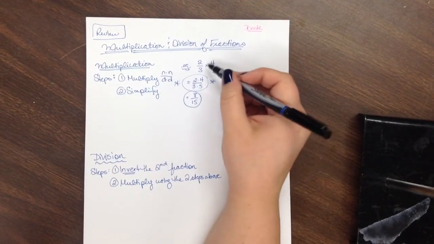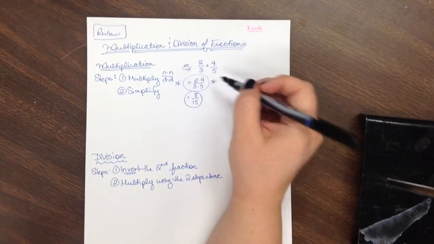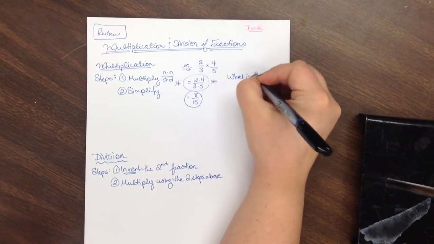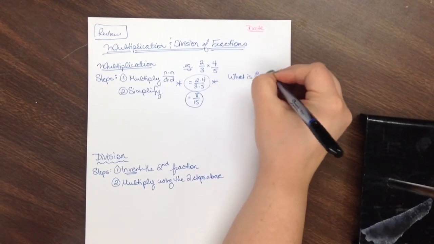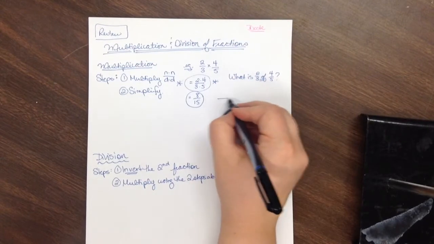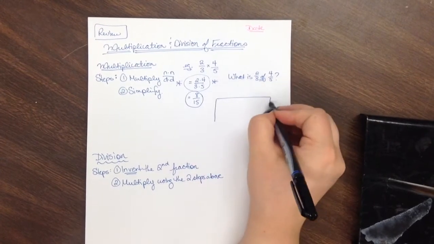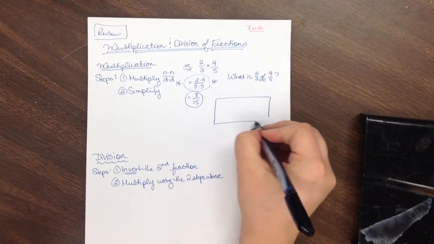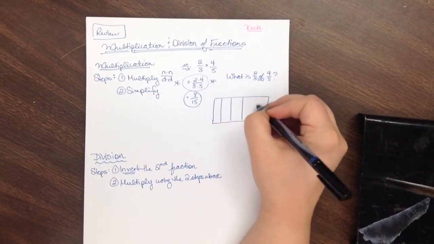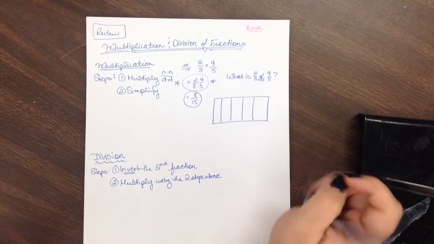But what is 2/3 times 4/5 really? Well, it really is what is 2/3 of 4/5. So if I had a shape, let's have a nice rectangle here, and I'm dividing my shape into fifths, pretend that they are even.